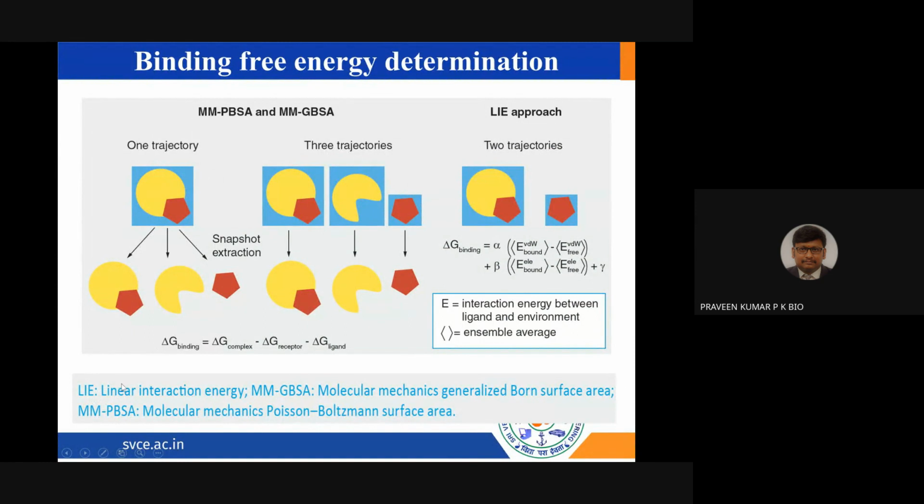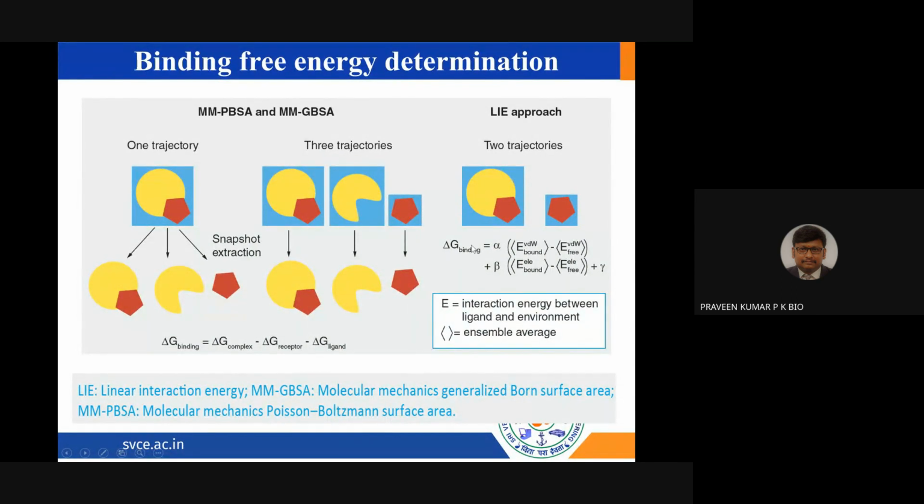If you want to calculate linear interaction energy, it can be calculated as the sum of two different terms. Here the yellow color is the receptor and the red color is the ligand. For this, you should have the ligand-receptor interaction energy, and you should also have the ligand energy alone.